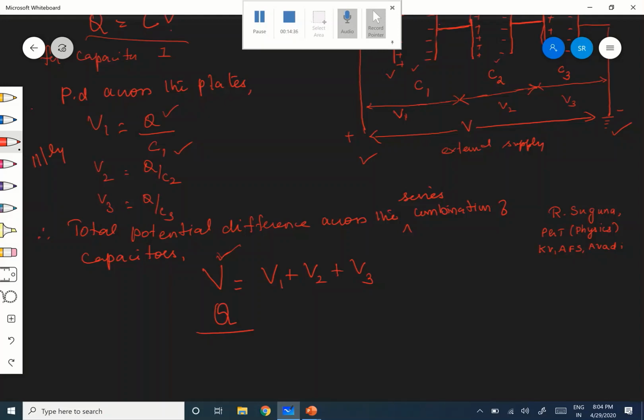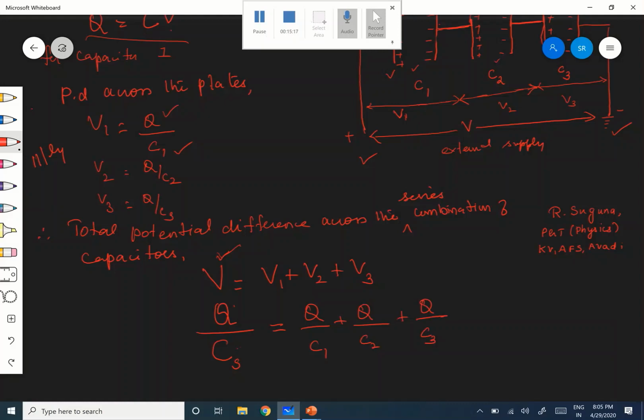Recall your resistance case: equivalent resistance, which you would have studied in 10th standard. Like that, here it is the equivalent capacitance, or total capacitance, of the series combination, given by CS. Are you following? The total potential difference is equal to the total charge divided by the total capacitance. That is called the equivalent capacitance of the series combination, CS, and it should be equal to V1 plus V2 plus V3, that is, Q by C1 plus Q by C2 plus Q by C3.